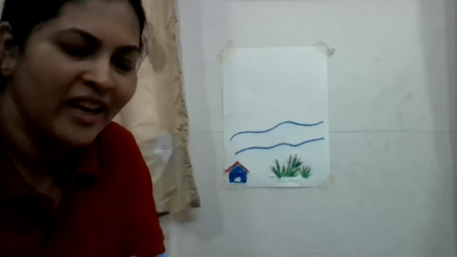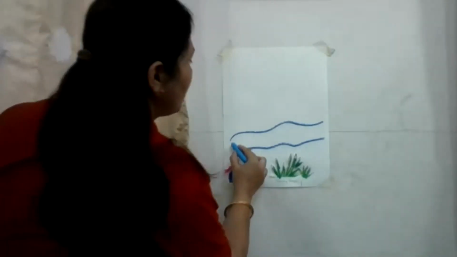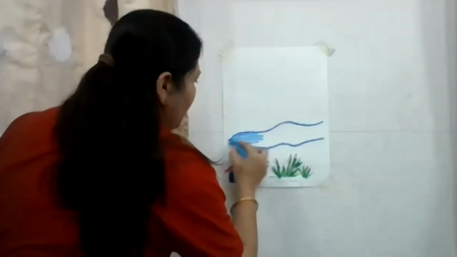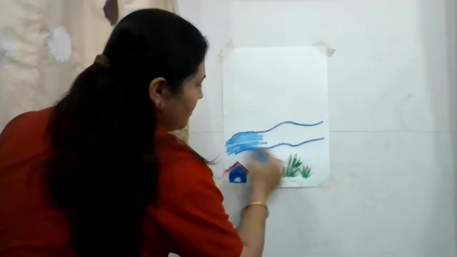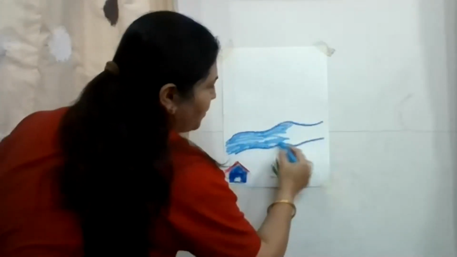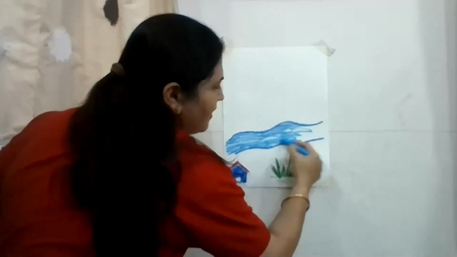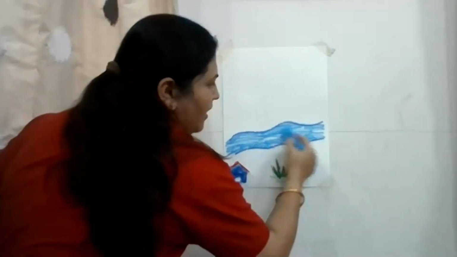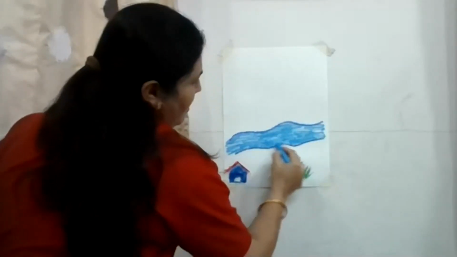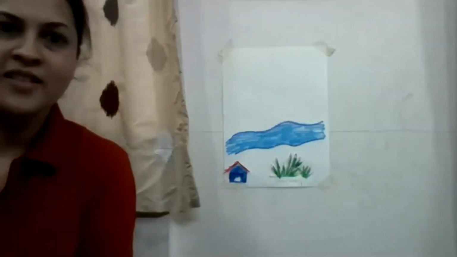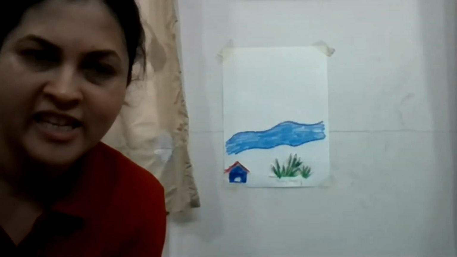And then again, you can give beautiful shadings of water. Blue, dark blue, light blue shades. Yes, so our river is ready.